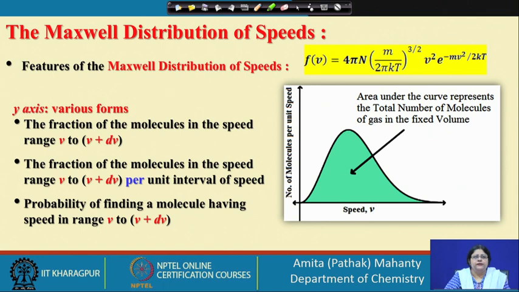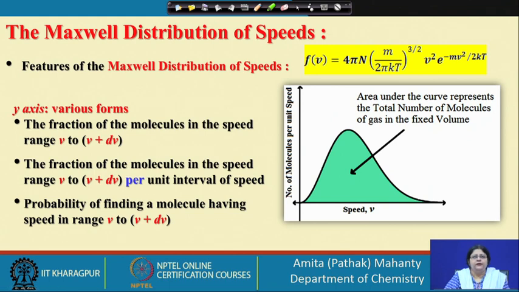The y axis differs, as different books follow different parameters. What we are looking into is the probability density of finding a molecule in the speed range v plus delta v. In some books it is written as the fraction of molecules having speed in this range, or the fraction of molecules in the speed range v plus delta v per unit velocity interval, or speed interval.